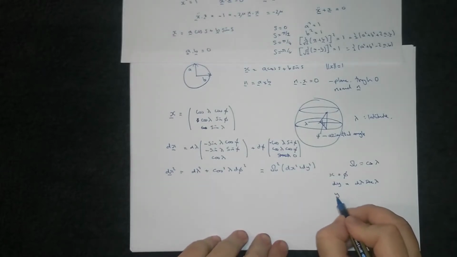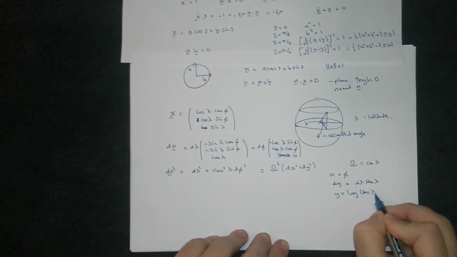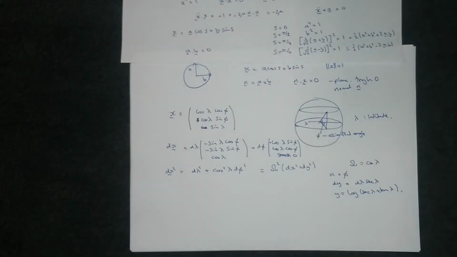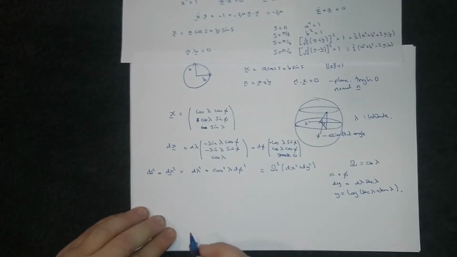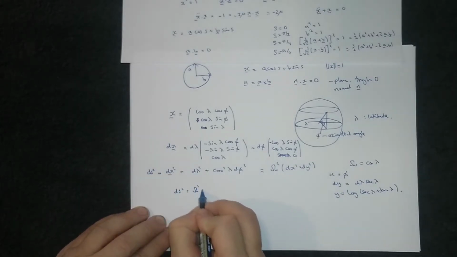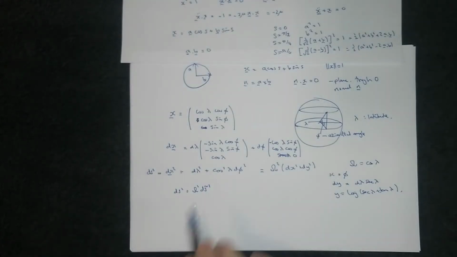So integrating that, we get y is equal to log sec plus tan. So that is ds squared.